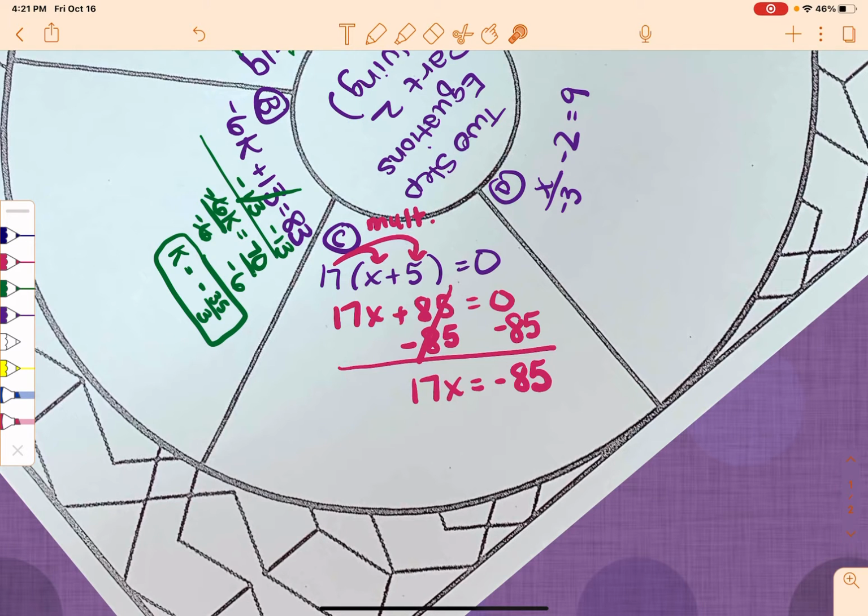Now I have to worry about getting the variable alone, so I need to get rid of this. So the opposite of multiplying by 17 is dividing by 17. So these cancel down to 1. I'm left with x. Negative 85 divided by 17 is negative 5.